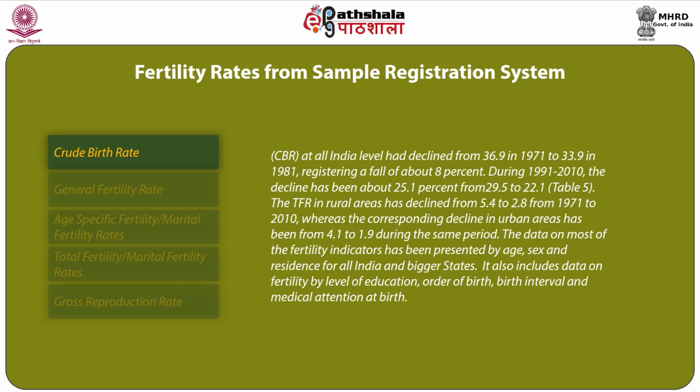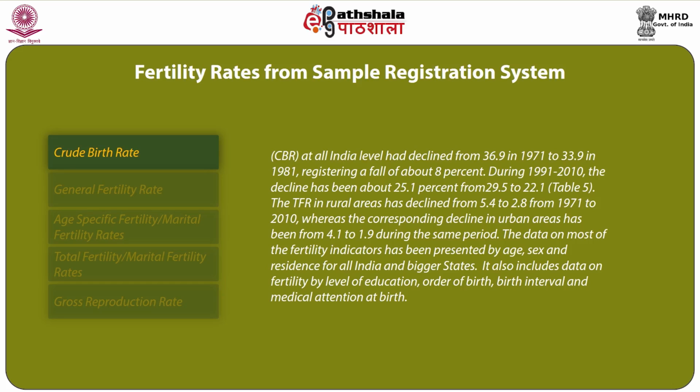The total fertility rate in rural areas has declined from 5.4 to 2.8 during the period 1971 to 2010, whereas the corresponding decline in urban areas has been from 4.1 to 1.9 during the same period. The data on most of the fertility indicators has been presented by age, sex and residence for all India and also bigger states.